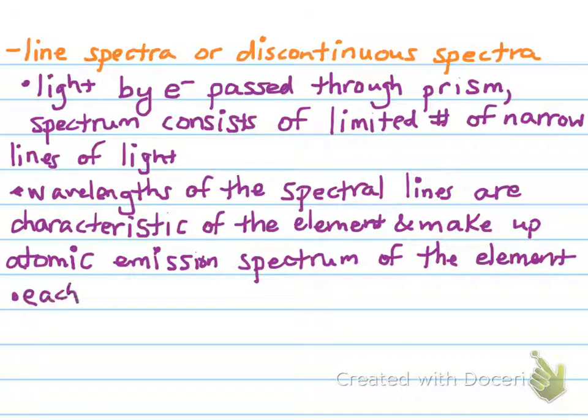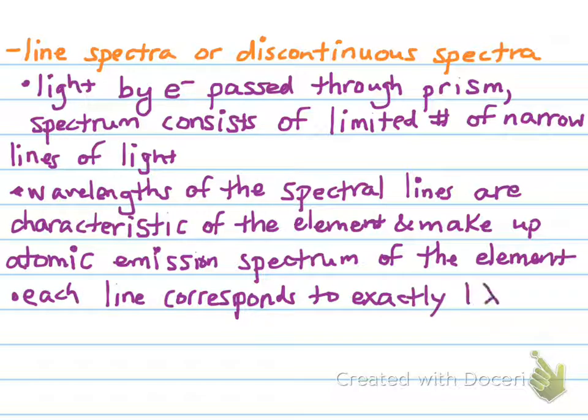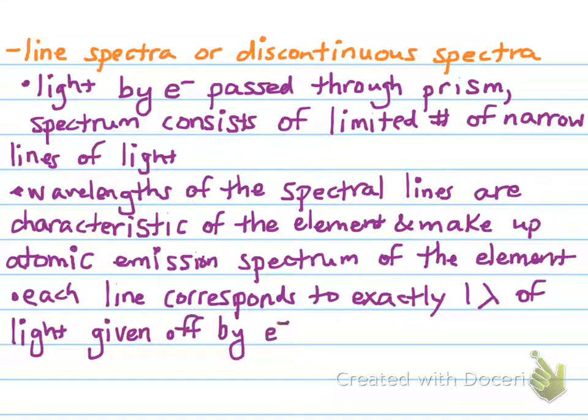Each line corresponds to exactly one wavelength of light given off by the electron of that element. So each line is a different wavelength.